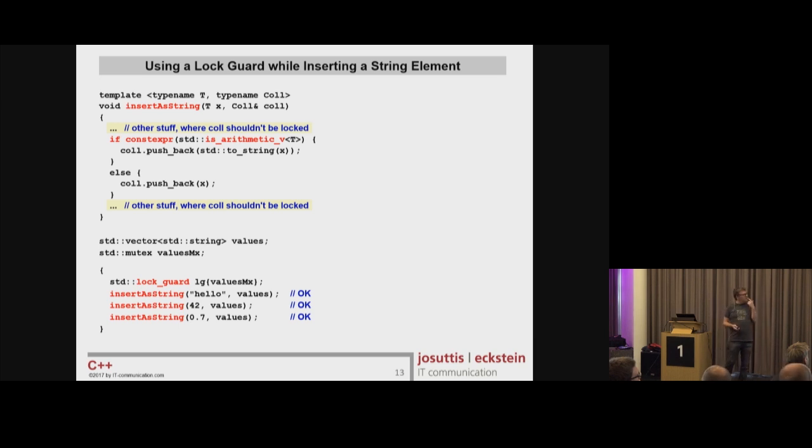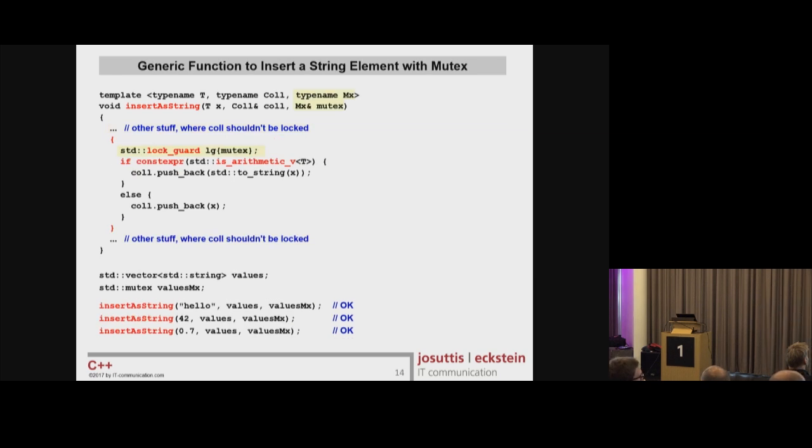So we might extend the API of this insert a string function and say, OK, let's add an additional argument, which is the mutex to lock, so that the caller can pass the mutex for the vector. And then inside the function, just for the if statement, during either pushing back the element converted to string or the other pushback, let's then use the lock guard so that the vector is only locked at this little piece of moment, at this protected region.